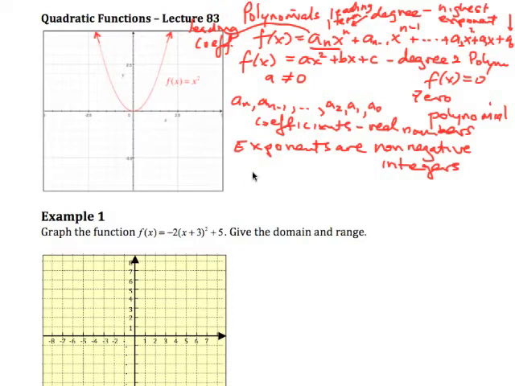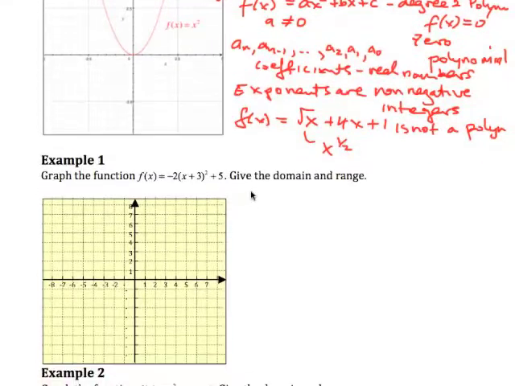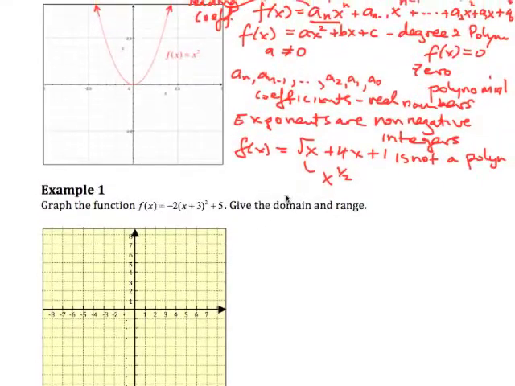Right, so our first thing that you must be able to do is identify them, okay? So for example, f of x equals the square root of x plus 4x plus 1 is not a polynomial. Why? Because this is x to the half, and that's an exponent that's not an integer number.